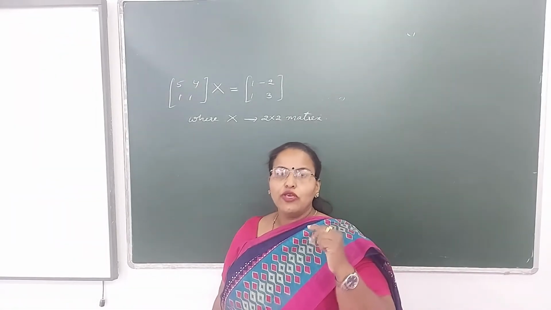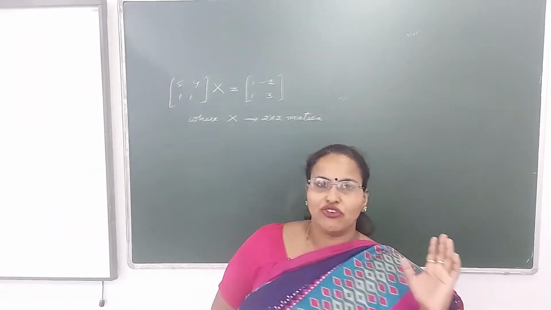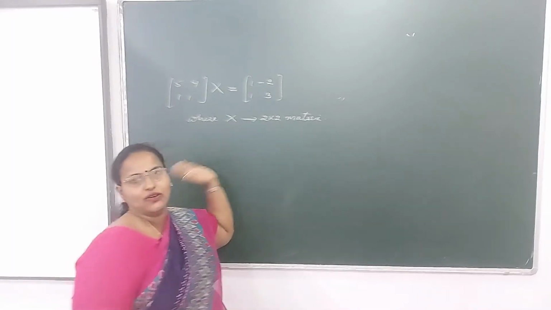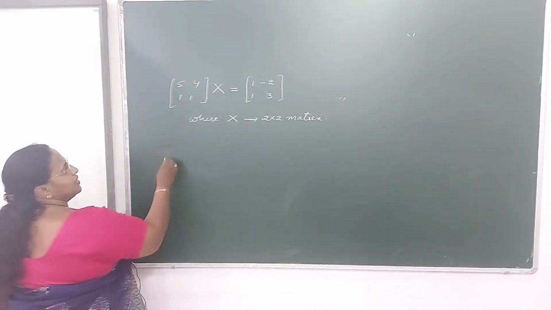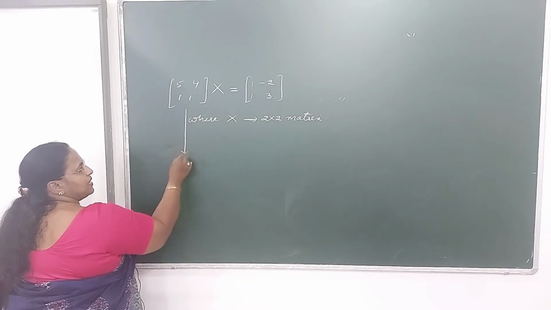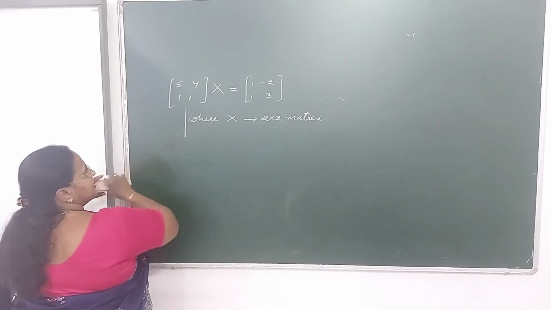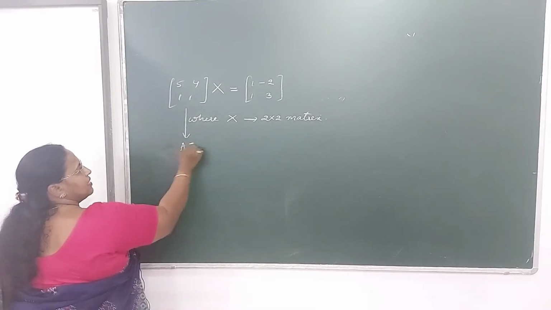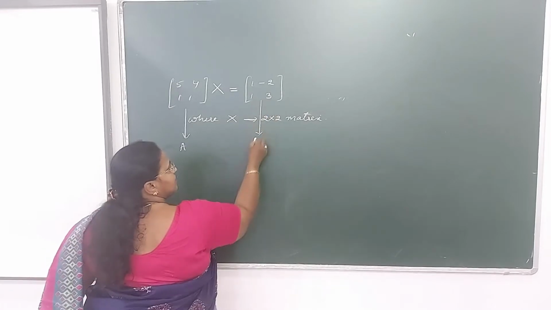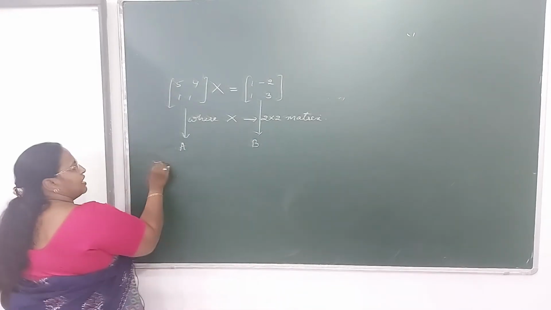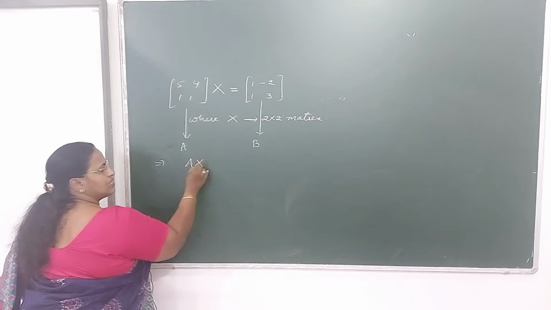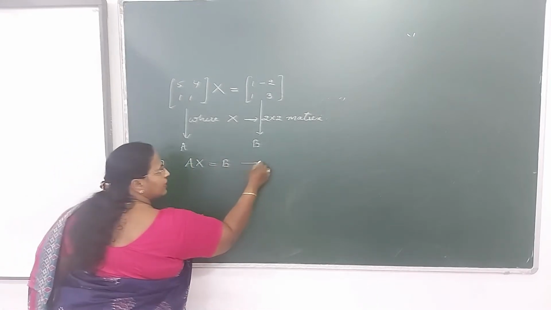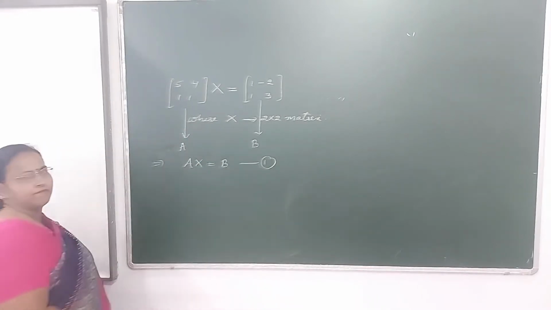That means we will be using the concept of inverse of a matrix in this particular question. Let this matrix be A and this matrix be B. So here we are getting a matrix equation AX is equal to B. Let it be equation 1.